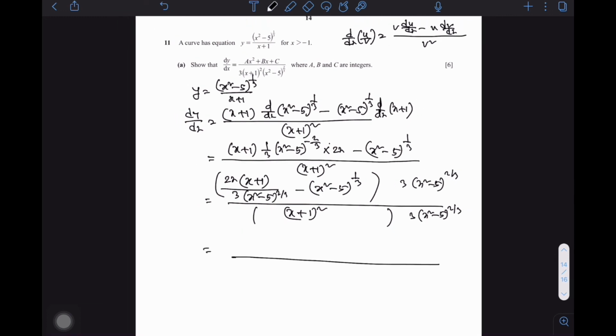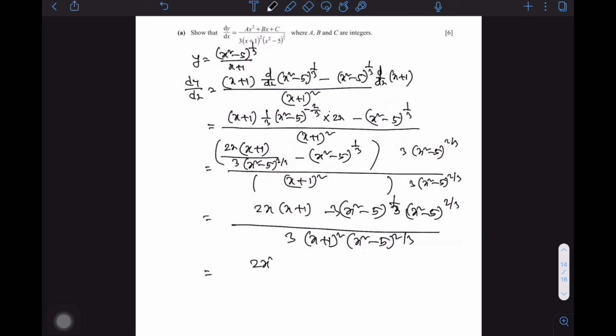We will just write here minus (x² - 5)^(1/3) times 3 times (x² - 5)^(2/3), and down, let me keep it same, there will be no simplification.